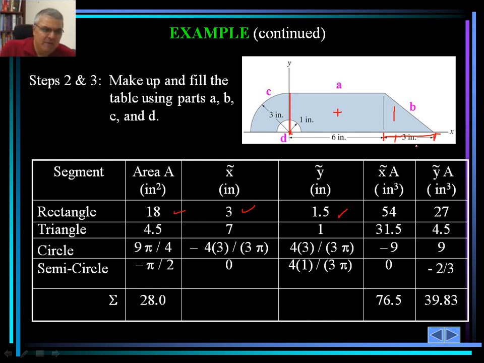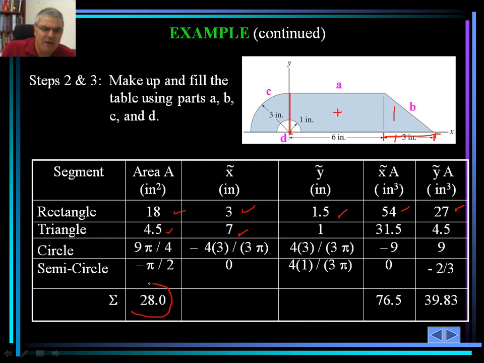Then in this column, we simply multiply x hat by A, 54, and y hat by A. Really, we need to have a table of 6 columns, as you can see. For the triangle, we would do the similar thing, and for the circle and semicircle, the same thing.